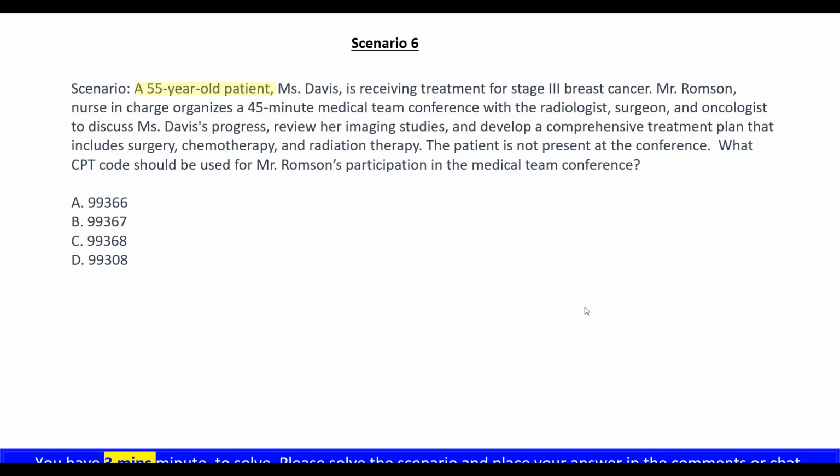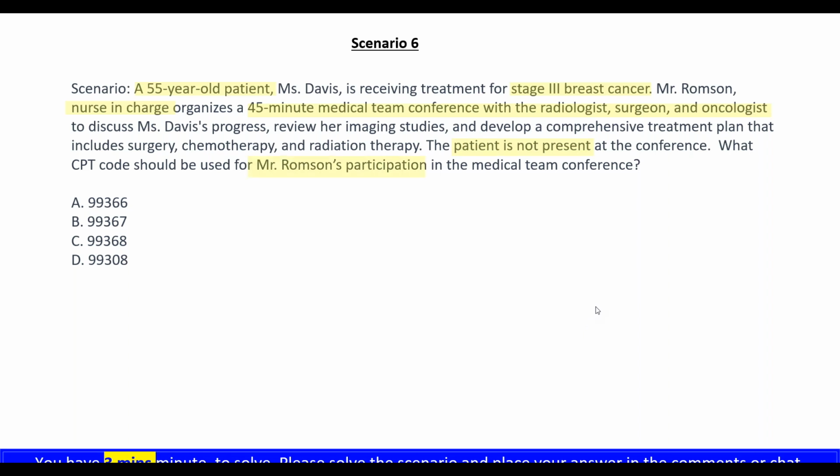We have a 55-year-old patient receiving treatment for stage 3 breast cancer. Mr. Romson, nurse in charge, organizes a 45 minute medical team conference with a radiologist, surgeon, and oncologist to discuss Ms. Davis' progress. The patient is not present at the conference.